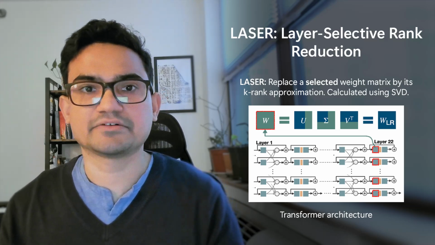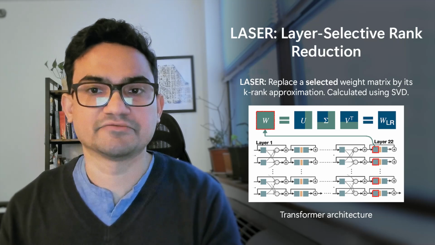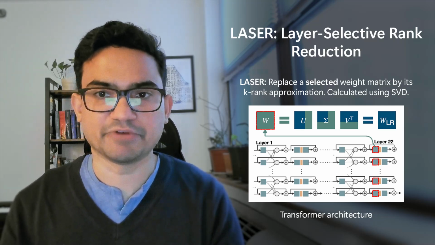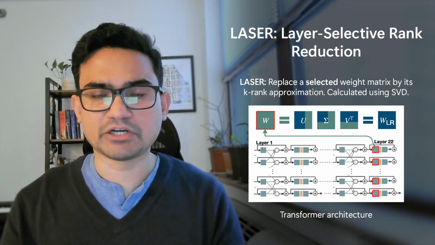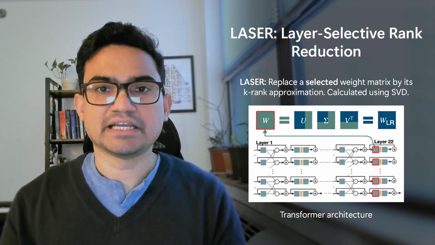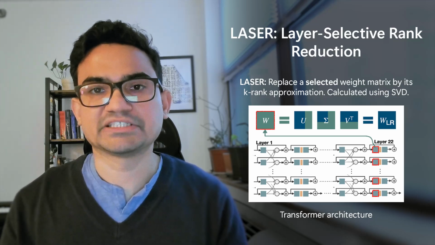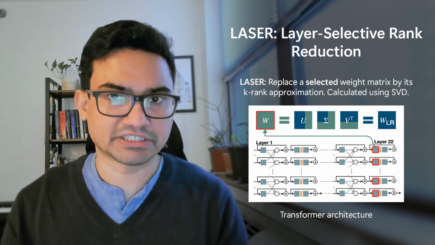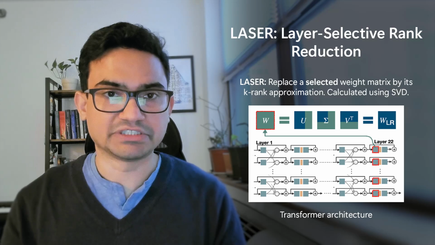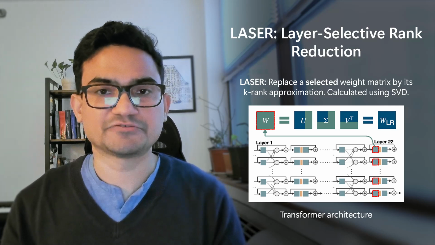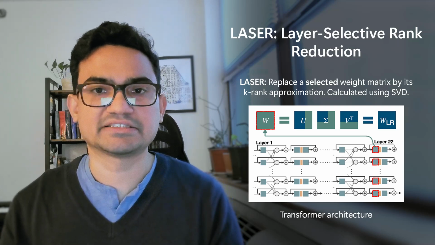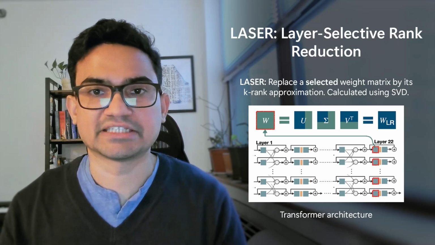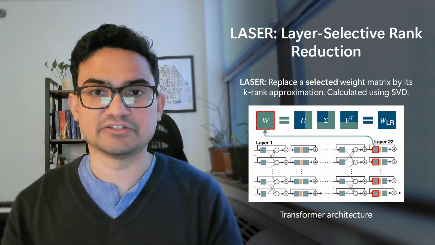For example, to perform Laser, we select this weight matrix, which is highlighted in red, and it's coming from layer number 22. We call it the W matrix here. To perform its low rank approximation, we first use what's called a singular value decomposition, which decomposes this matrix into three matrices called U, sigma, and V. The sigma here contains the singular values of the matrix and it's arranged diagonally in decreasing order.